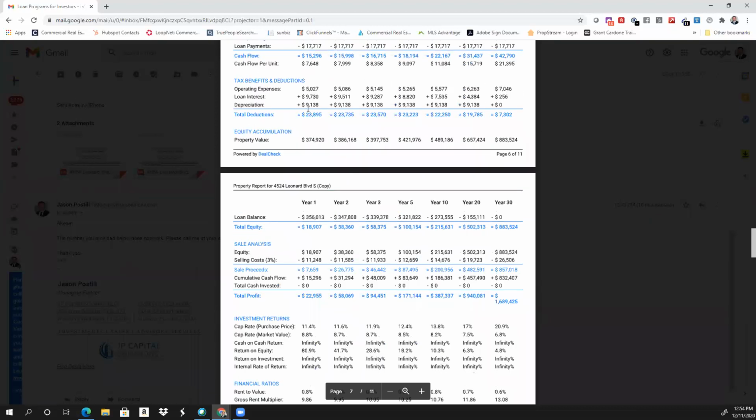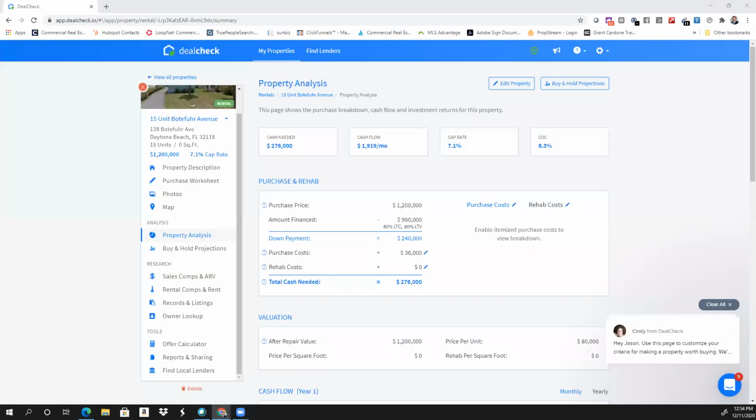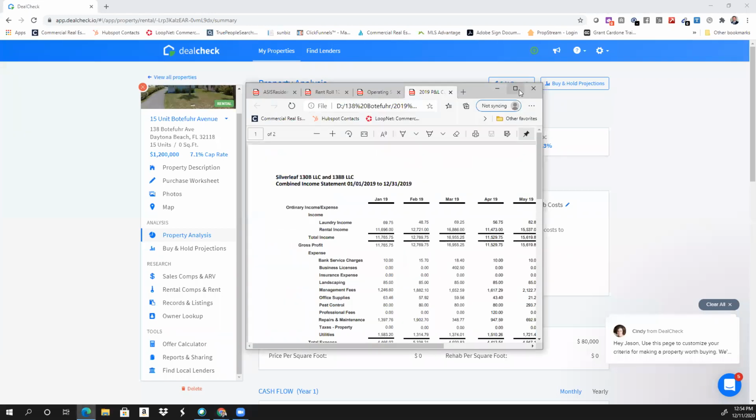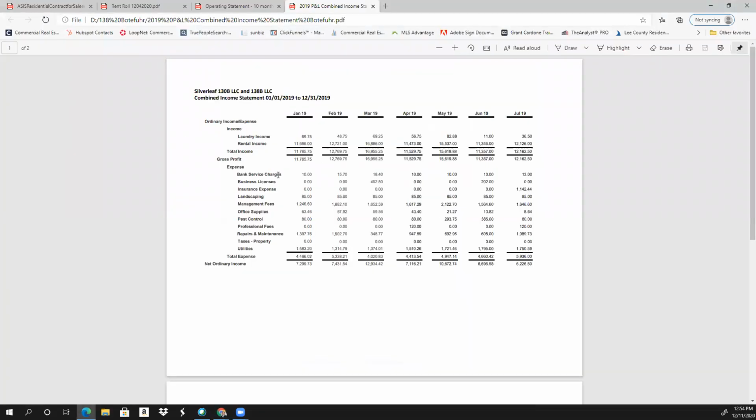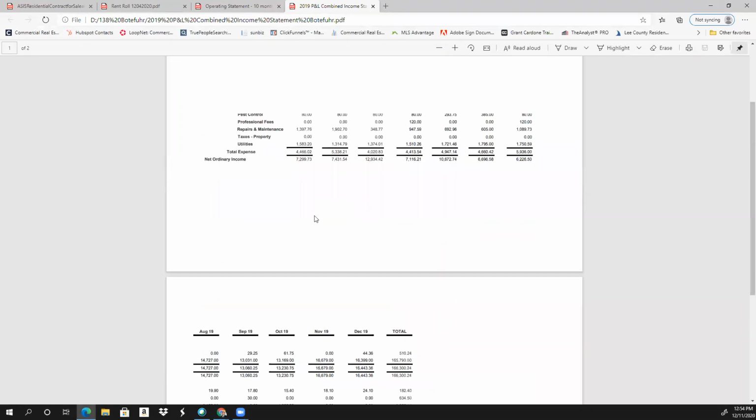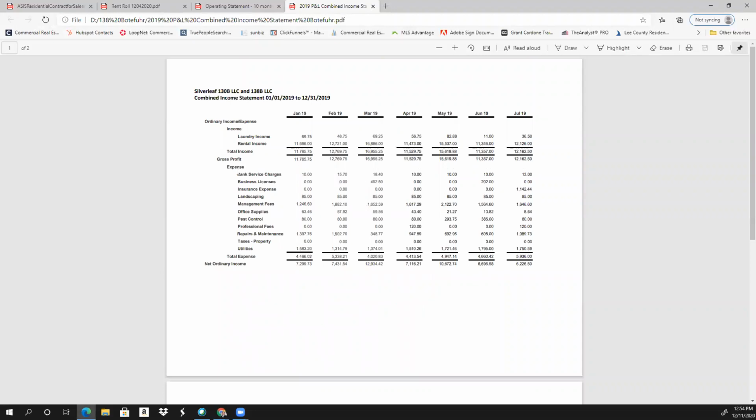So anyway, a little side note on what to pay attention to, because this property that I have here is underwritten well because I got all the information. This is everything: the taxes, the repairs and maintenance every month. There's pest control, even office supplies. What's the management fee? There's landscaping.